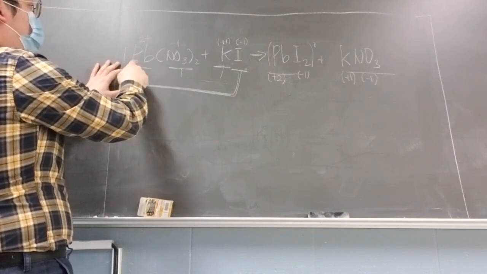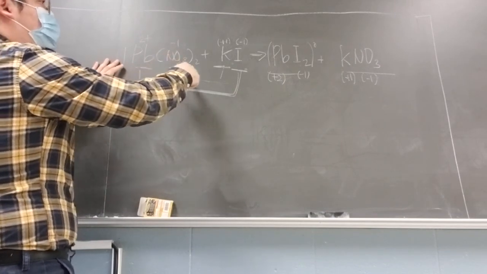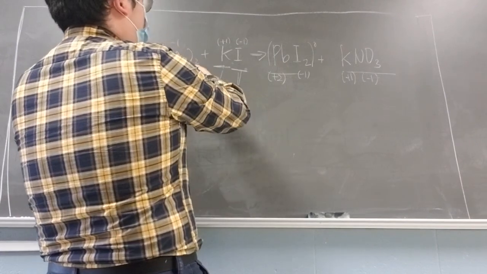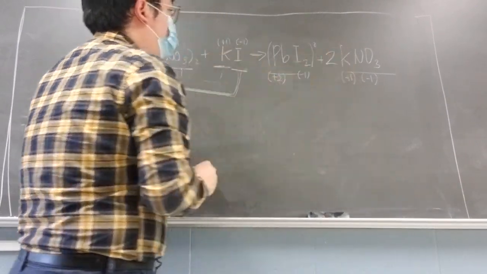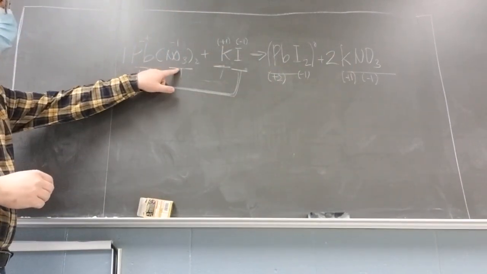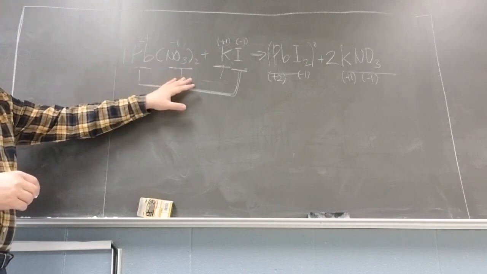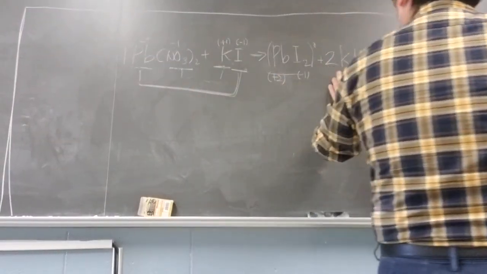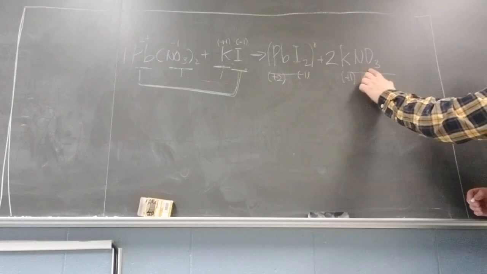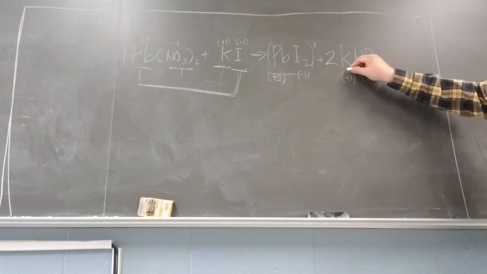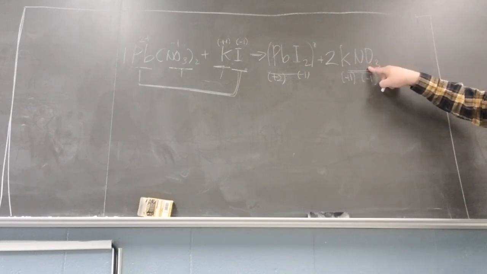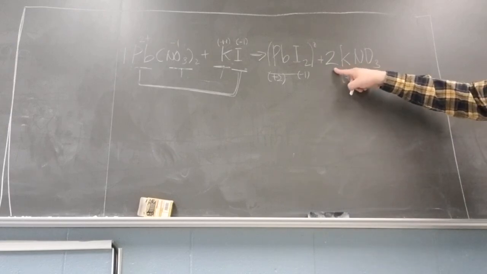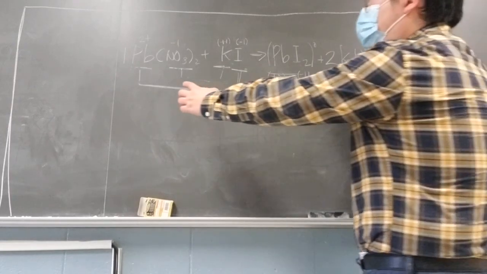So now it's good, but now you can try to have a 1 over here. If you have 1 reactant over here, you have to have at least 2 potassium nitrate, because this one has 2 nitrate in this compound here, and each potassium nitrate has only 1 nitrate inside. So that makes 2 at minimum if it's 1 over here.